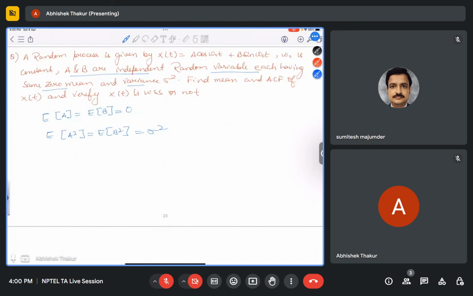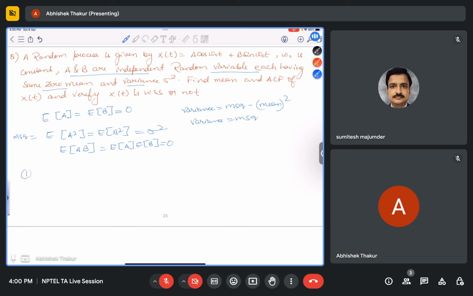Same we will use here. So variance is equal to MSQ minus mean square. The mean is 0, so variance is equal to MSQ, and MSQ is the expectation of A² equal to the expectation of B². Now A and B are independent, so the expectation of AB is equal to the expectation of A into the expectation of B. So this value is equal to 0.